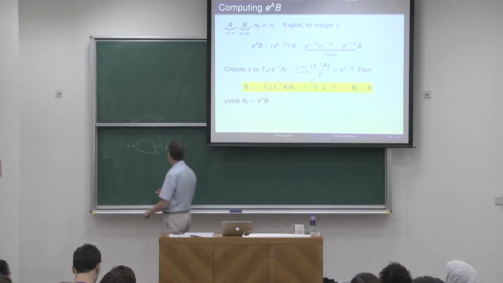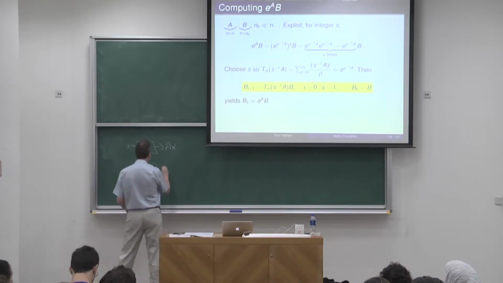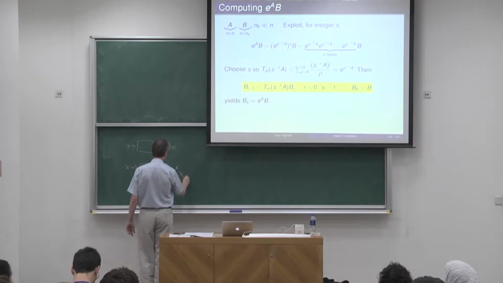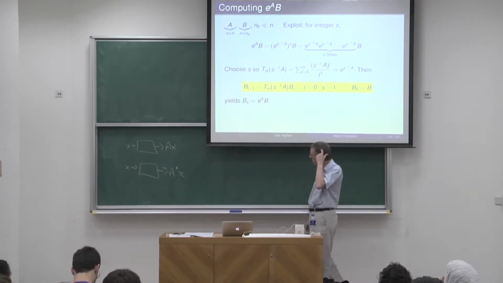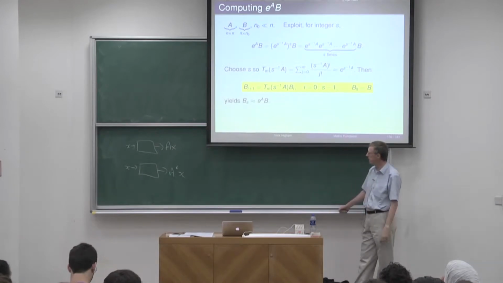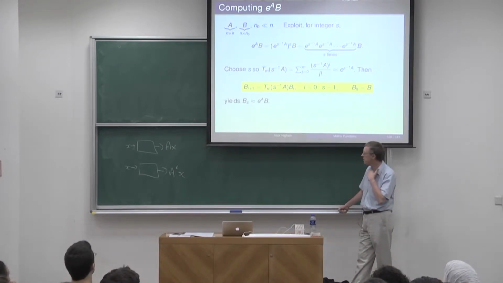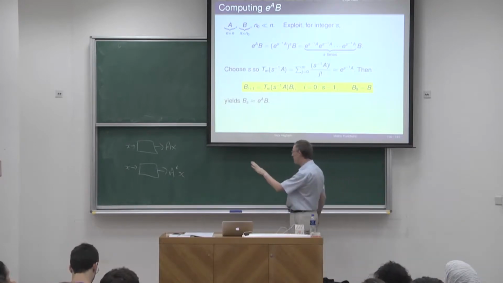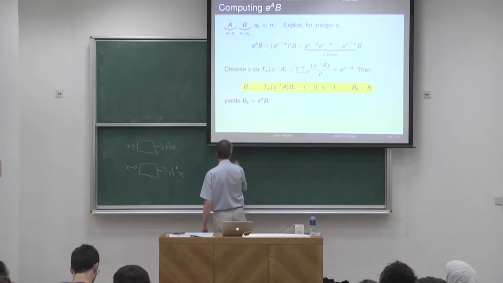I also, for this algorithm, will need the ability to do A star times x, or A transpose times x, because I'm going to estimate some matrix norm, some vector norms, and I will need the transpose for that. If I didn't have the transpose, I can still go ahead, but I won't get quite as good estimates. So that's what I'm assuming is given, and then what the algorithm should do.